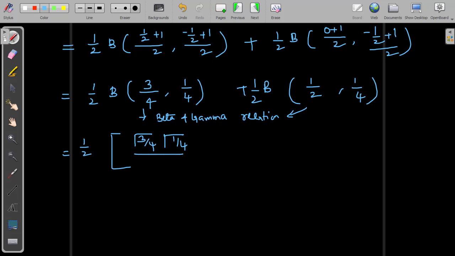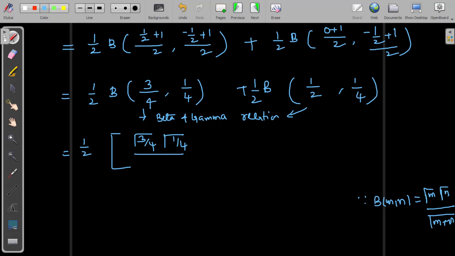Since this is called the beta gamma relation, beta of m comma n equals gamma m times gamma n divided by gamma of m plus n. Very important result. One can remember this rule, because most of the time we use it in application problems.